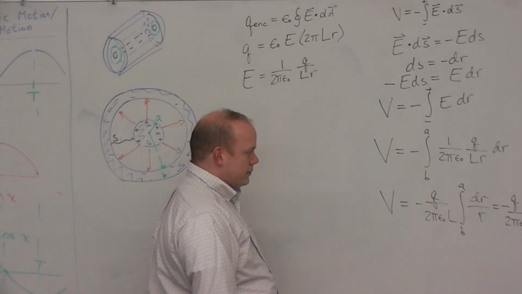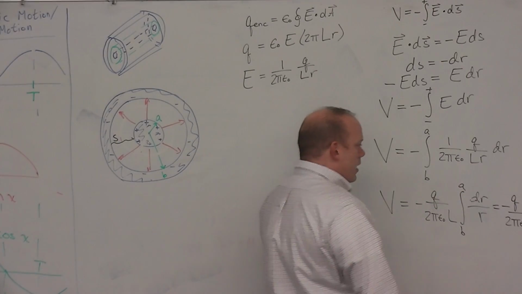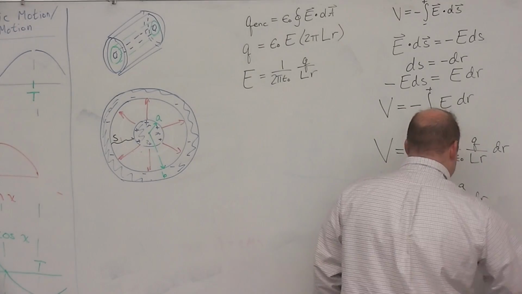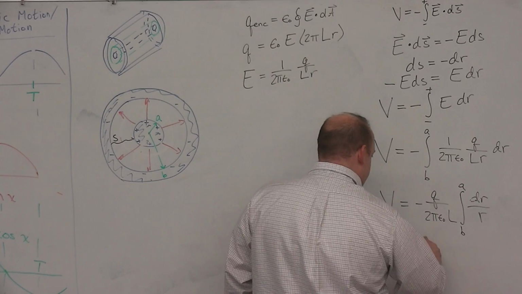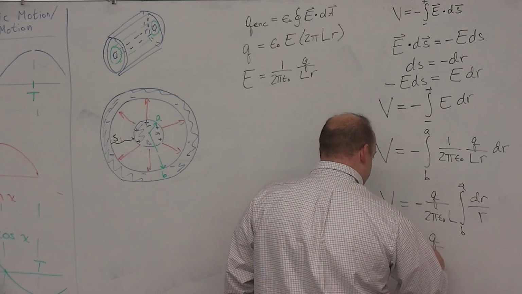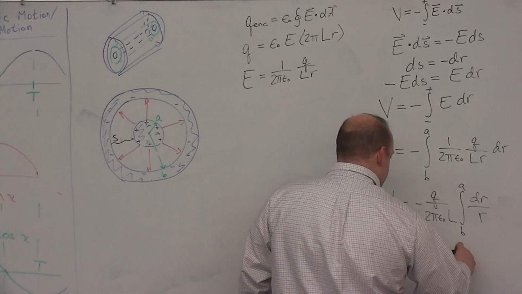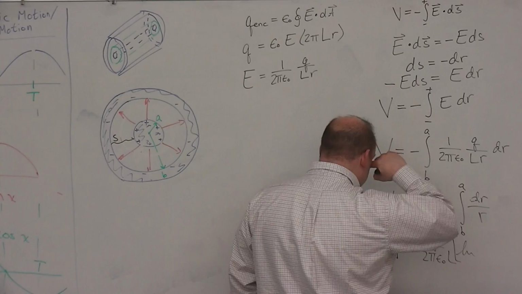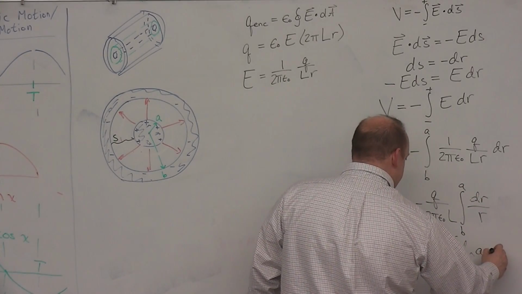Now, I'm just going to rewrite it down here, just in case it doesn't fit. So now my potential would equal negative Q over 2 pi epsilon naught L, natural log, it's going to be top minus the bottom, ln of A minus the ln of B. Okay.